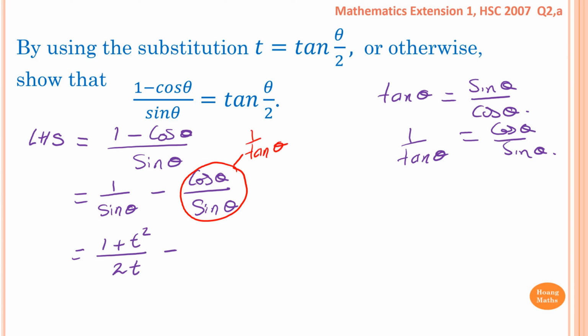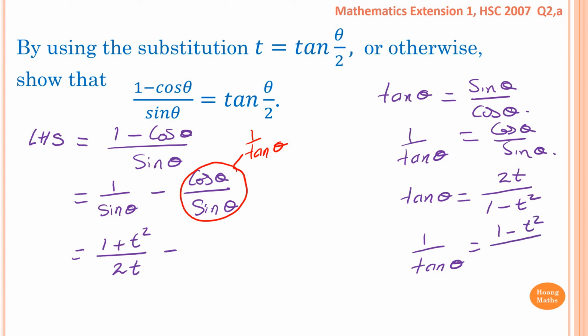We know that tan of theta is equal to 2t over 1 minus t squared. Therefore 1 over tan of theta is equal to 1 minus t squared over 2t.